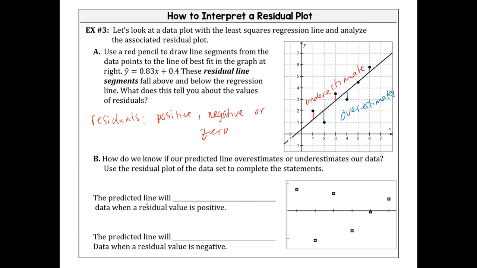So your predicted line will underestimate when a residual value is positive. And then your predicted line will overestimate when your residual value is negative.